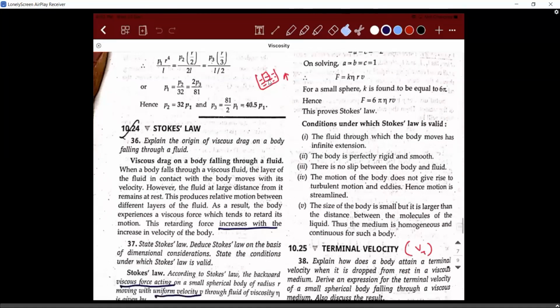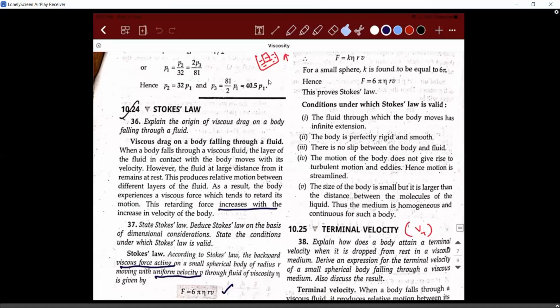Then I explained about Stokes law also. What does Stokes law mainly speak about? When a solid is moving inside a viscous liquid, what will happen to it? There was a theory that we discussed. Right before we discussed Stokes law, we discussed what happens when a solid object is dropped into a viscous liquid, right?